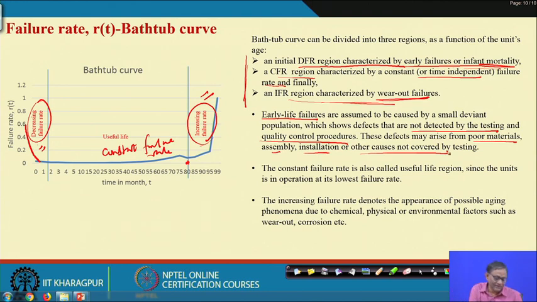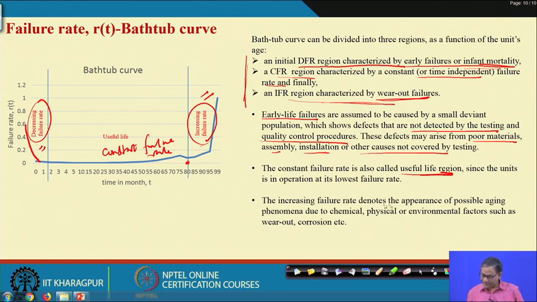That is the reason you get a few more failures initially, then the reasons are found out and rectified and the failure rate decreases. So, the constant failure rate is called the useful life region, which is very important, and this is the time when the product or the unit is under full operation, under full utilization.